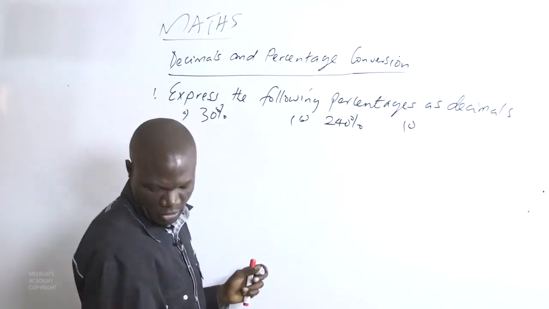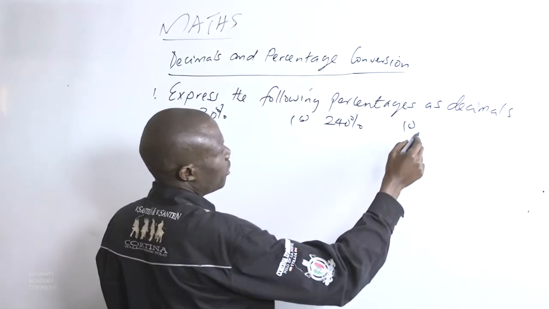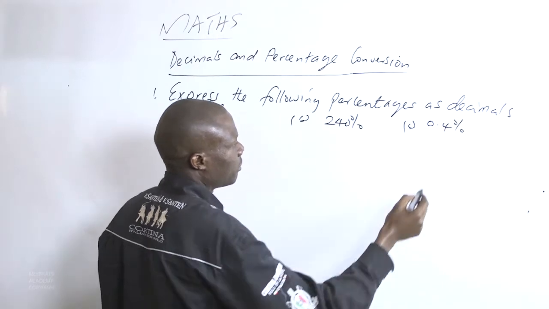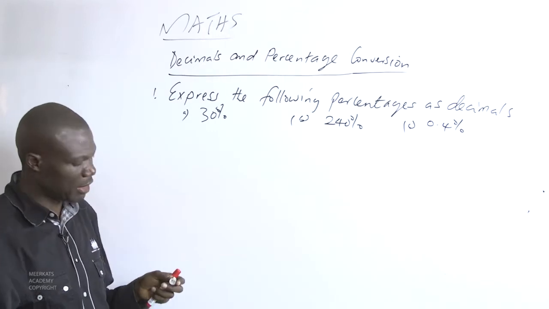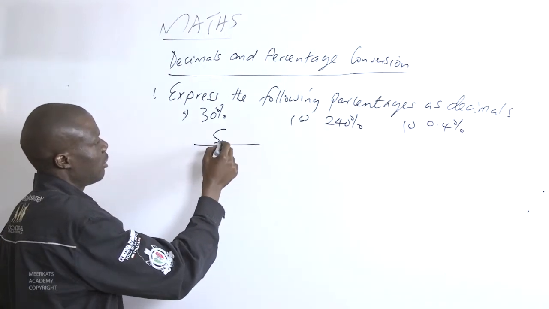Let us have a C, which is 0.4%. So we are to convert these in our solution.